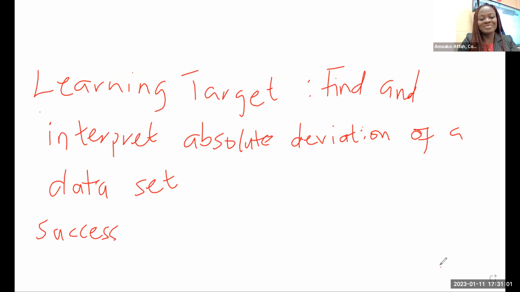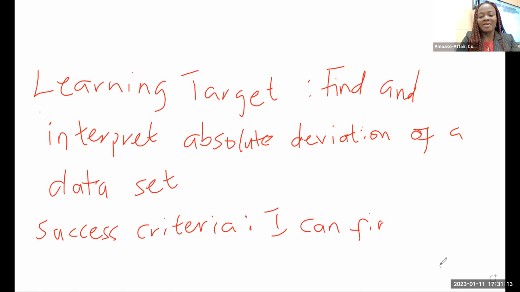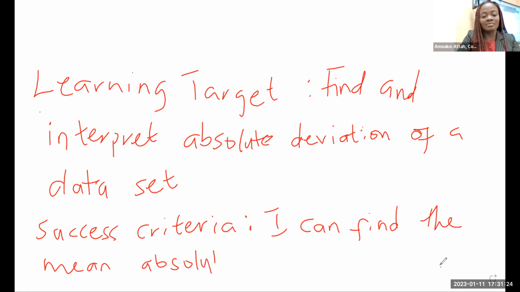Success criteria: I can find the mean absolute deviation of a data set.